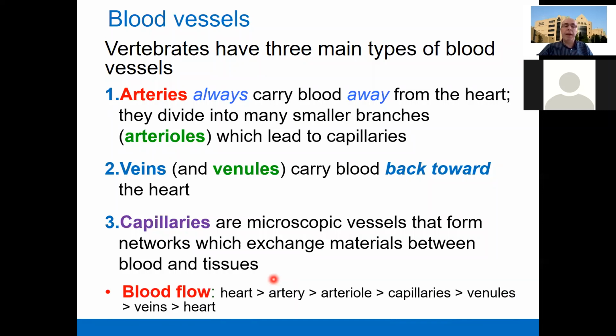Blood flow, as I summarize here in the last sentences, starts from the heart into arterioles, the small-diameter branches of big arteries, then capillaries, where exchange occurs at the capillary level, and then they take the oxygen-poor blood through the veins to our heart.